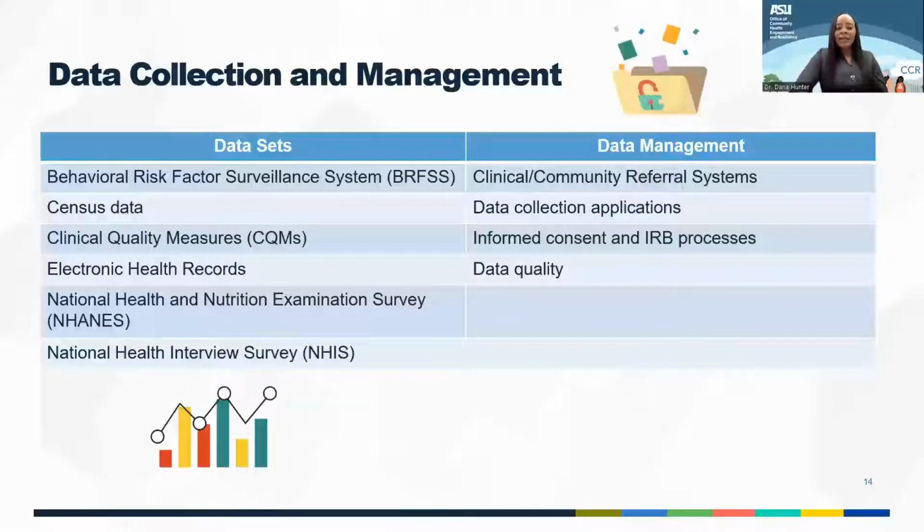And lastly, our TA partners can also provide consultation on best practices around gathering and maintaining program data and utilizing public data sets. The eval team has collective experience with the following data sets: Behavioral Risk Factor Surveillance System, census data, clinical quality measures or CQMs, electronic health records, National Health and Nutrition Examination Survey, National Health Interview Survey, and more.